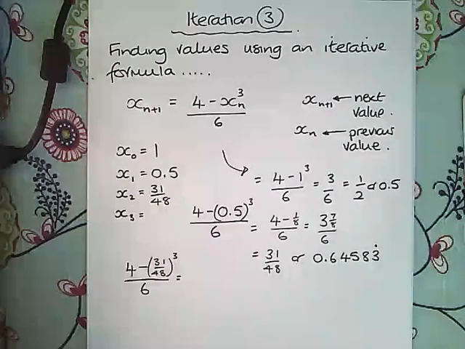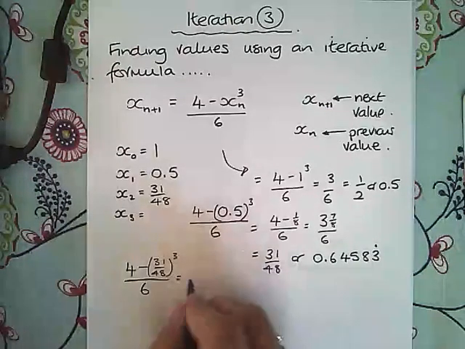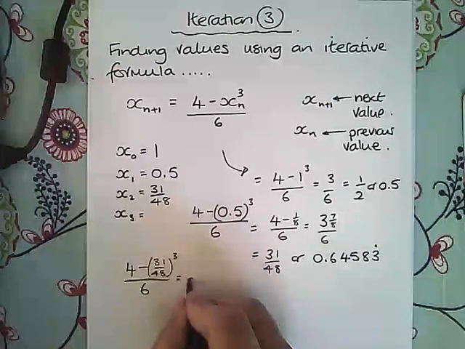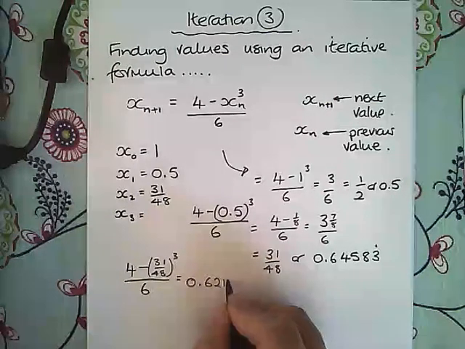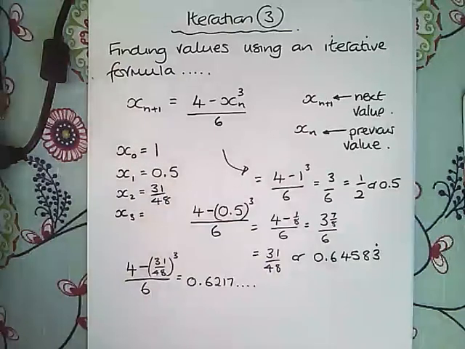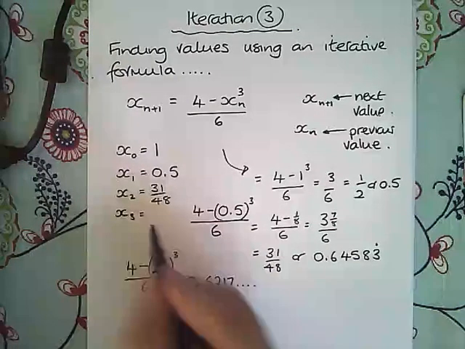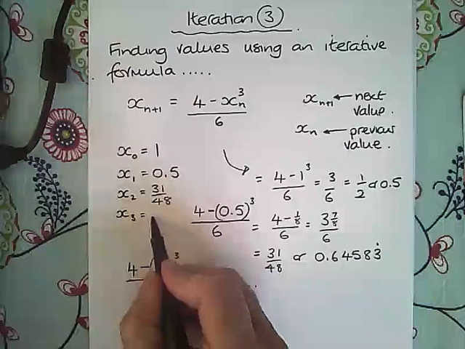It doesn't even come out as a fraction, it comes out as a decimal, 0.6217 and keeps going. Okay, and that would be my value of x3, the third value.